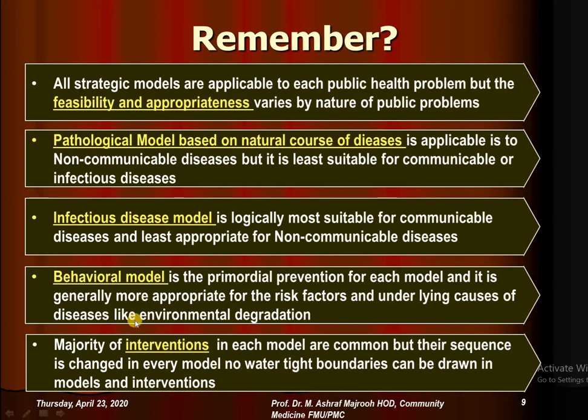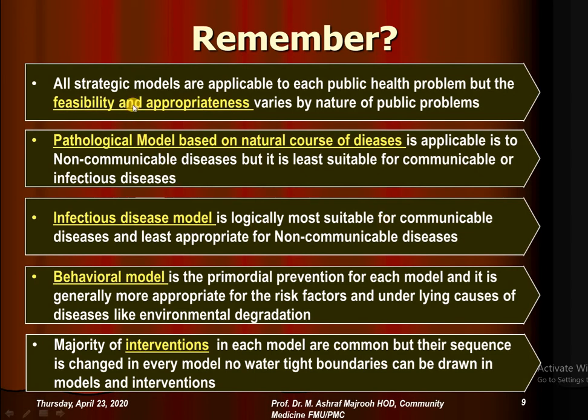The example of this changing intervention is that in the infectious disease model, the host defense immunization intervention is the host defense strategy, which falls at the last part of the model.